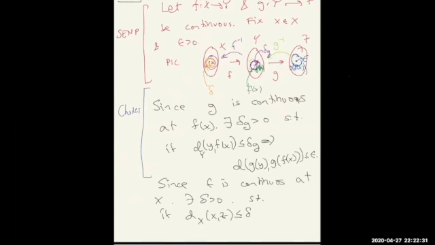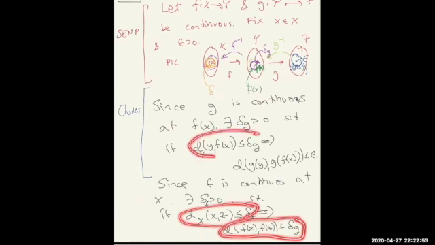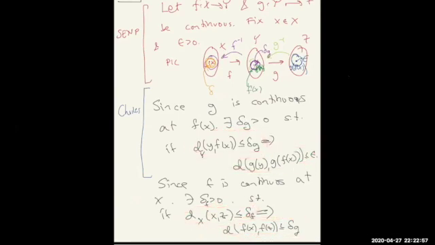If the distance between x and z is less than or equal to delta, let's put a delta f there, just to indicate that this depends on f, and then we make our choice. So the distance between f of x and f of z is less than delta g. So now, if we are this close, our function values are that close. If the function values are that close, then the composition is that close.